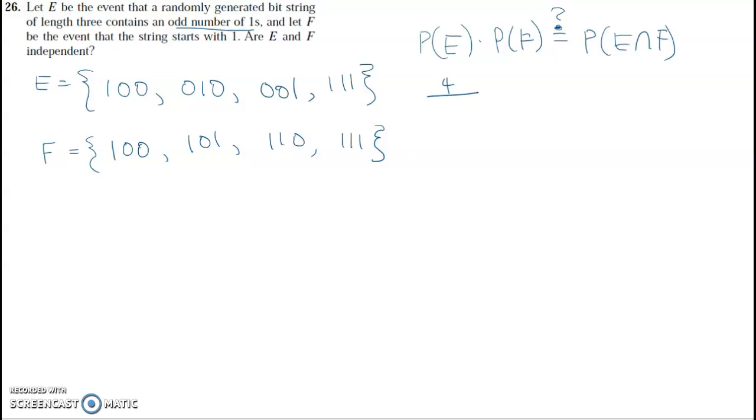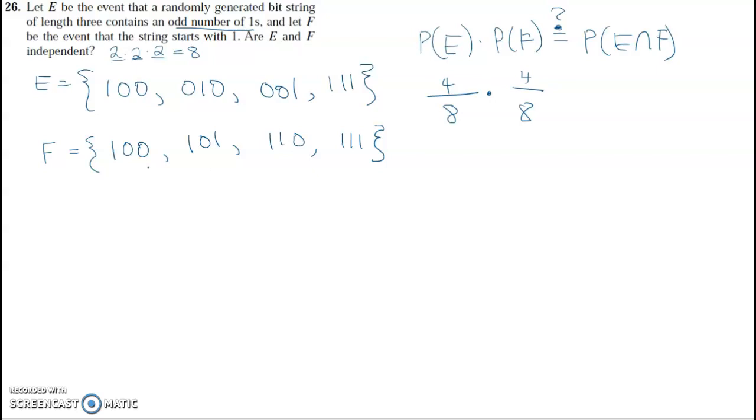So we had 3 spots, and each spot we have a choice of 2. So it's either 1 or 0 times another 1 or 0 and 1 or 0. So the total number of cases is 8. So the probability of E is 4 over 8. Same thing, probability of F, we had 1, 2, 3, 4 cases, and the total number of cases we can have is 8.